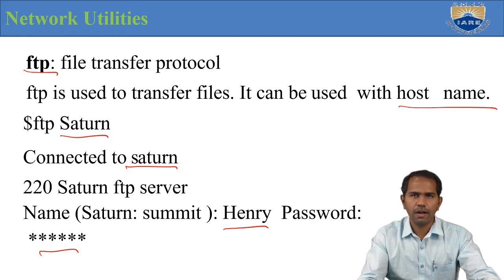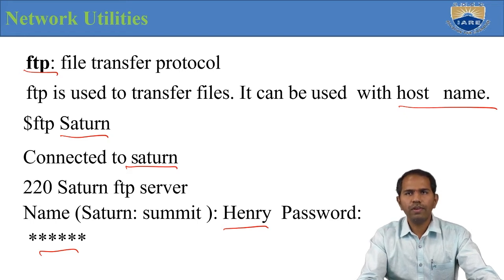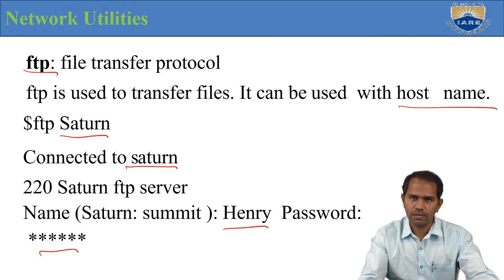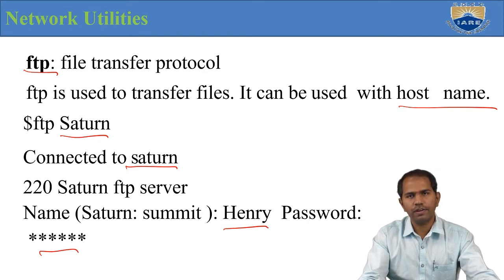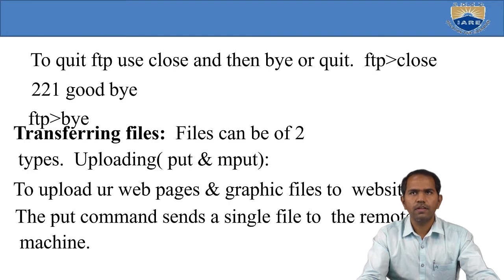The command is ftp followed by the host name. Through the host name we can connect to that specific host, and then transfer files one by one from our source to the destination. Once the transfer is complete, we quit the process.